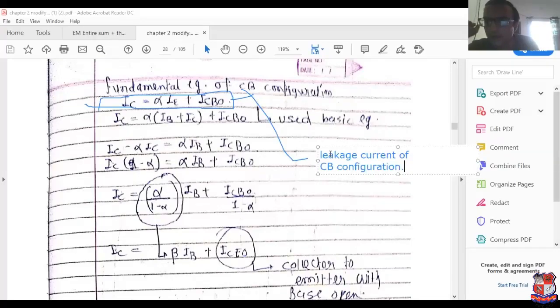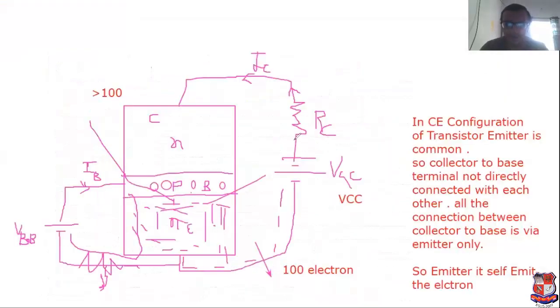But in the common emitter configuration, leakage current is always high compared to common base. Why? I have also explained that with the help of the whiteboard.